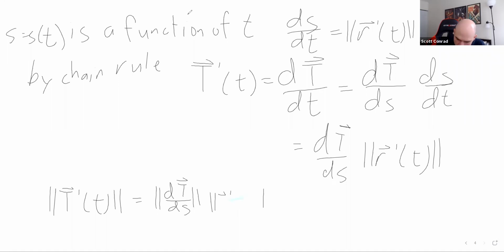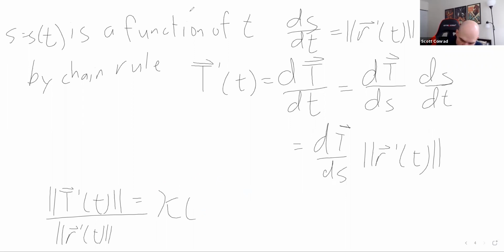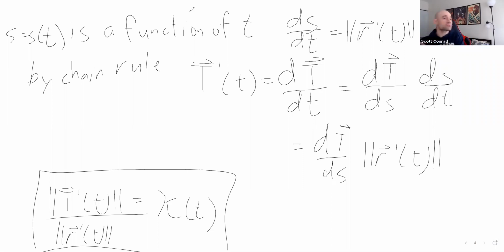Well, we can divide both sides by the magnitude of r prime of t. And this magnitude of dT/ds we said is the curvature. Now we have a function for curvature, for which we can use any parameterization we like.